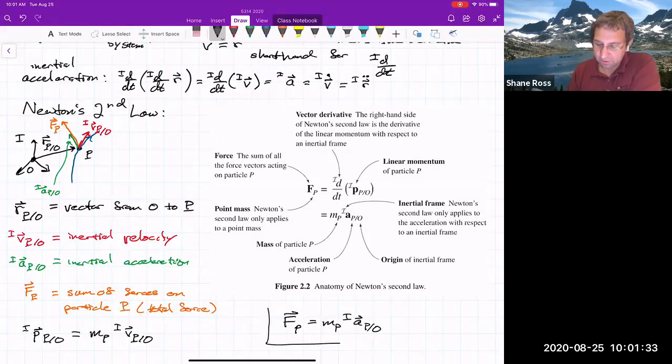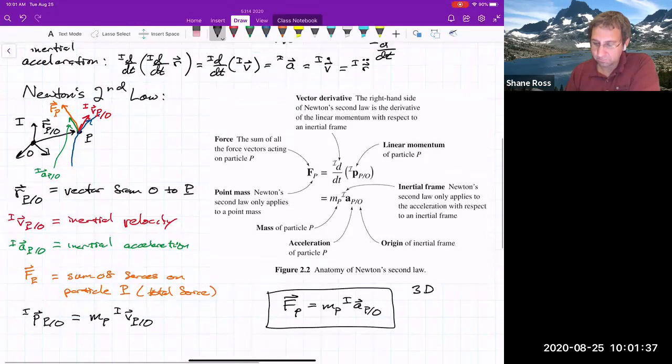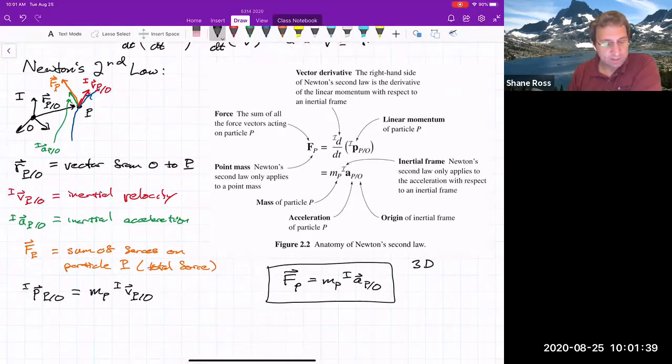And this is a vector, this is in 3D. This holds in 3D. We will start out just looking at it in 2D. Actually, we'll start out looking in 1D, just to get familiar with it. But if you think of what the acceleration is, this is a second derivative of the position.